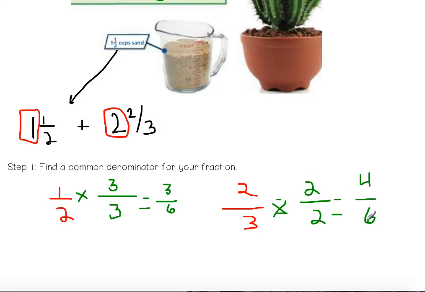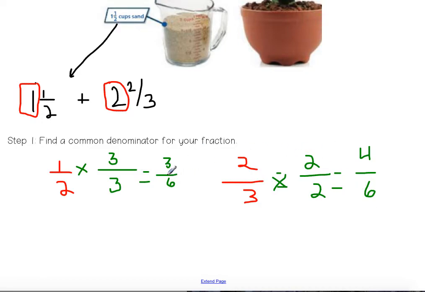So now I have 2 new equivalent fractions that have the same denominator in them. Okay, so now I'm going to rewrite my problem. Remember, I had 1 here from my original problem, and we said that 1/2 is also equal to 3/6.